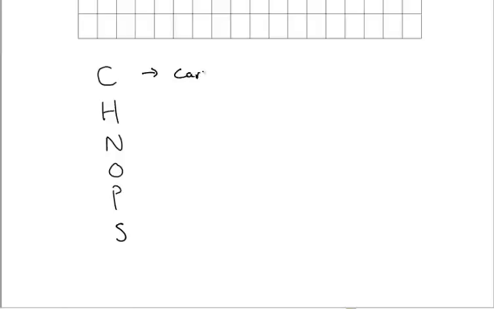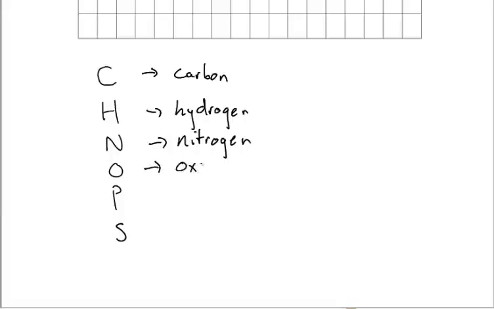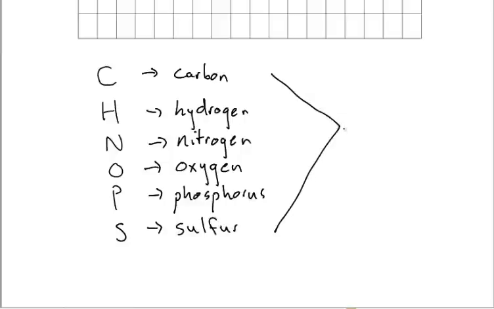This is carbon, hydrogen, nitrogen, oxygen, phosphorus, and sulfur. And these are considered the major six because altogether they equal approximately 98% of our body mass.